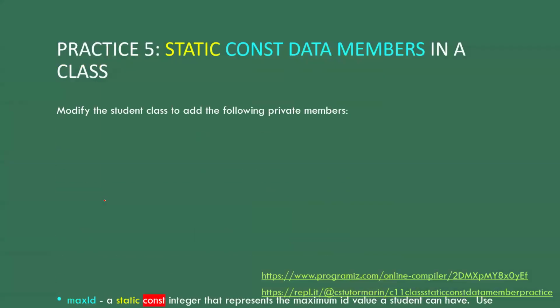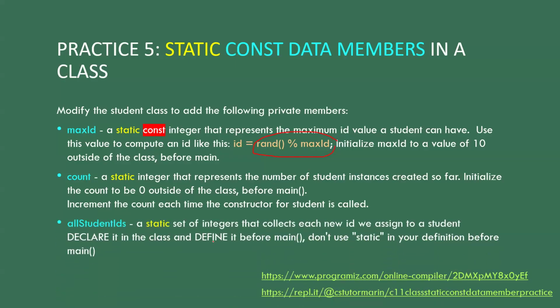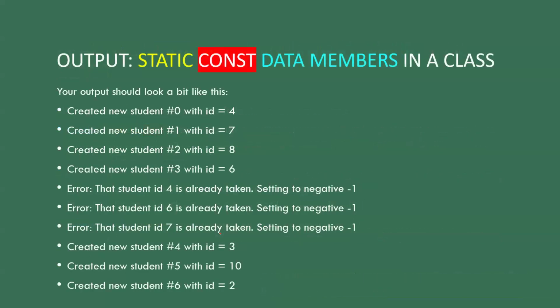So let's do this one together. Here's the idea. We're going to assign a random ID between 0 and max ID, roughly. Then we'll increment our count, and we'll put that ID in the factory storage. So we should see something like this: created student 0 with some random ID, random ID, random ID, and eventually we're going to get a collision.